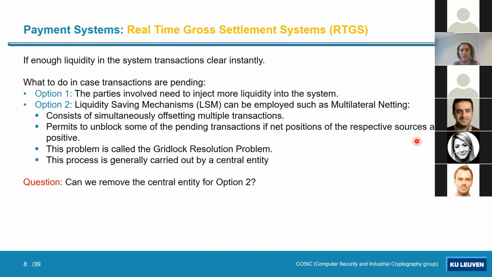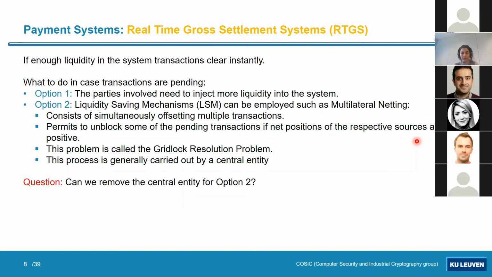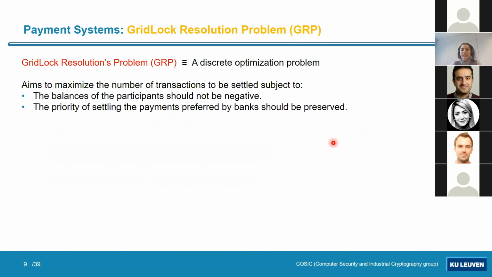Here, a question comes to mind: can we remove this central party? Let's keep this question in mind and go through the next two slides and see what the gridlock resolution problem means. This is a discrete optimization problem.